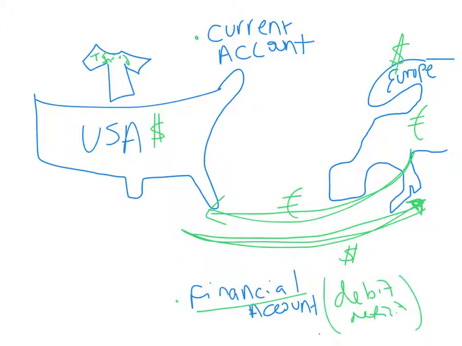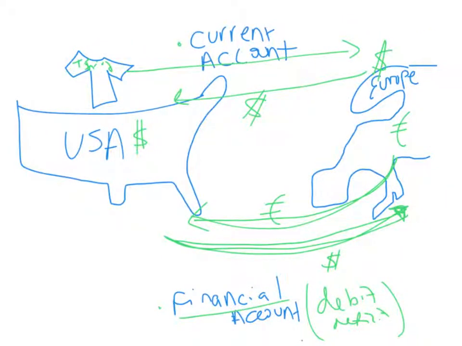We can think of it either way. Then in the current account, the Europeans want the shirt, so they send the money to the US, and the US sends the shirt, and everybody's happy. And so in the current account, what ends up happening is there's been a credit in the current account because the dollars flowed into the US.